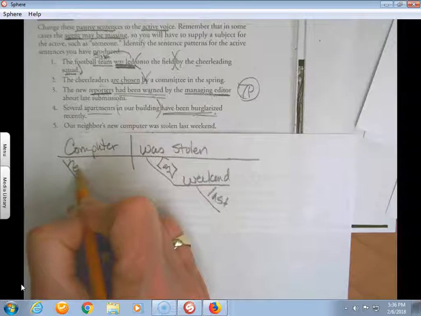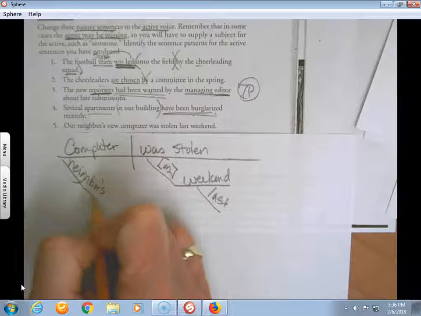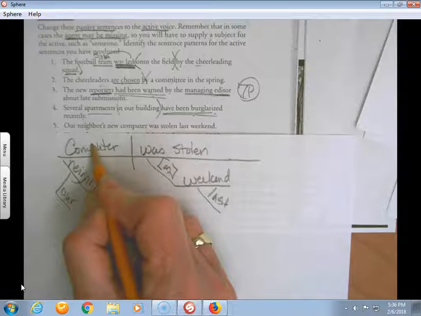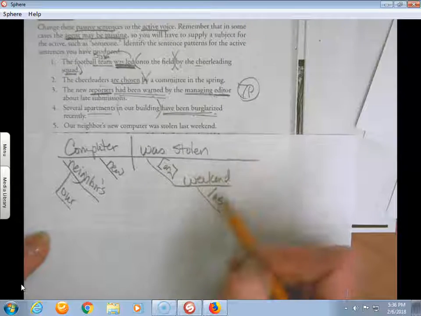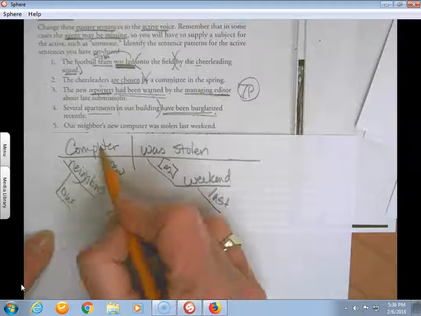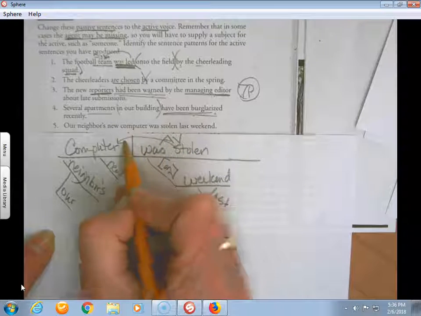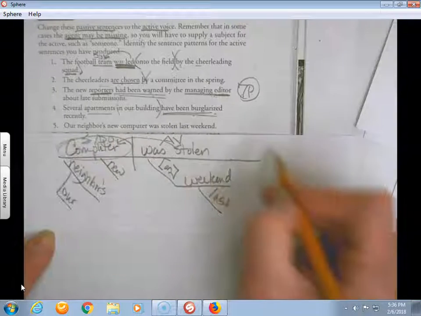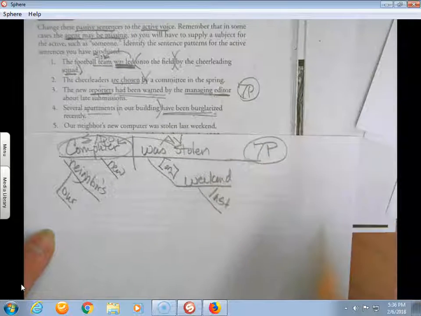Let's put neighbor's here, right? Neighbor's computer, because it was the neighbor's computer, but it wasn't our computer. Our neighbor's new computer was stolen on last weekend. So subject, action verb, what got stolen? The computer. So since this is both the subject and the direct object, that makes it a P. And because it has a direct object but no indirect object, it's a 7P.